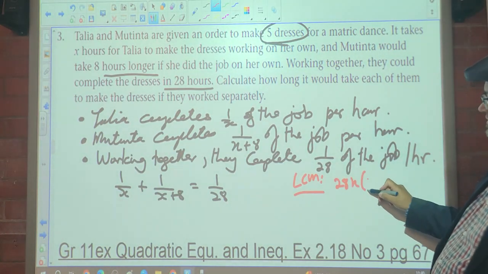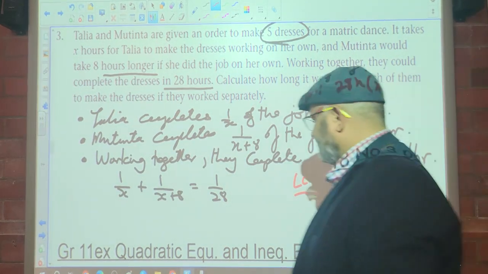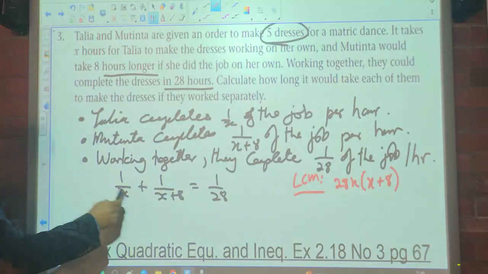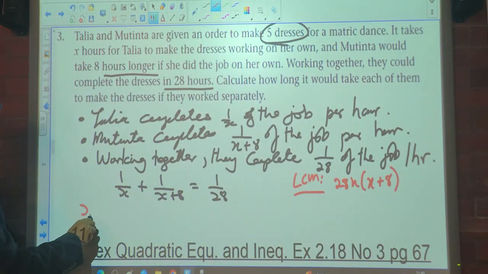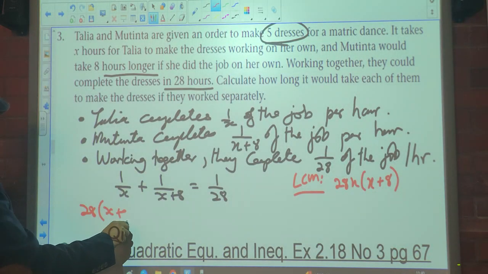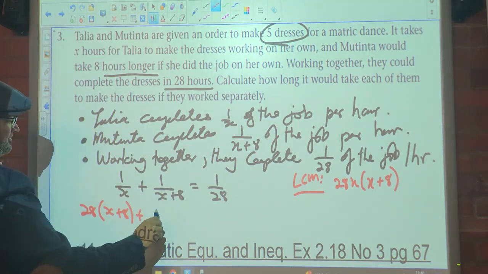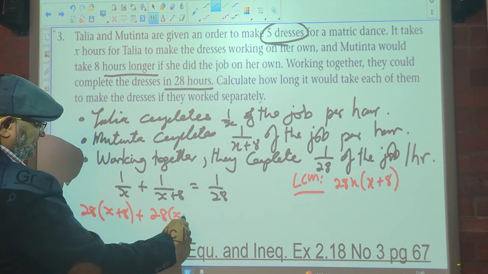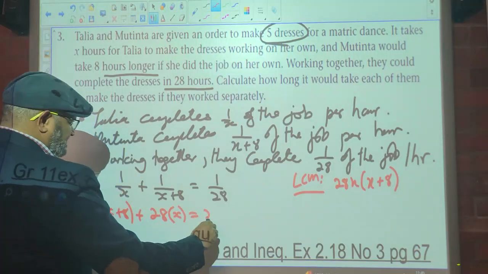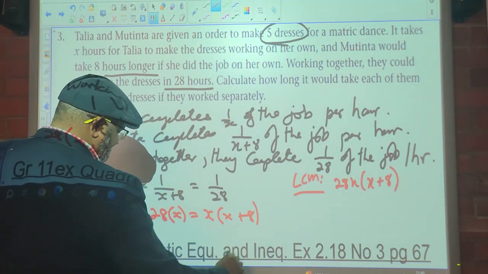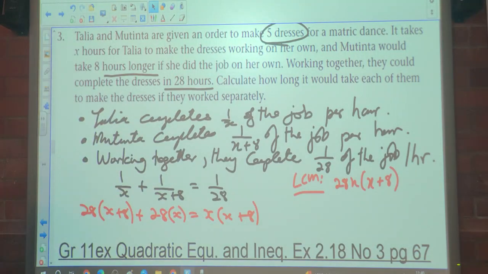28X into X plus 8. If I take that into account, this must be multiplied by 28 into X plus 8, this must be multiplied by 28X, and this must be multiplied by X into X plus 8. Okay.